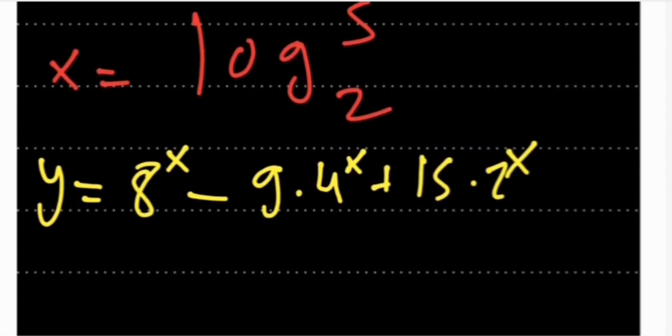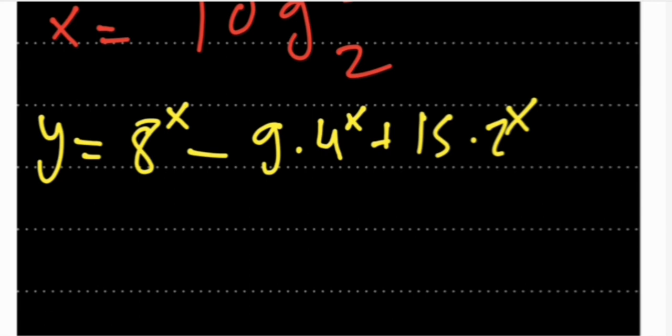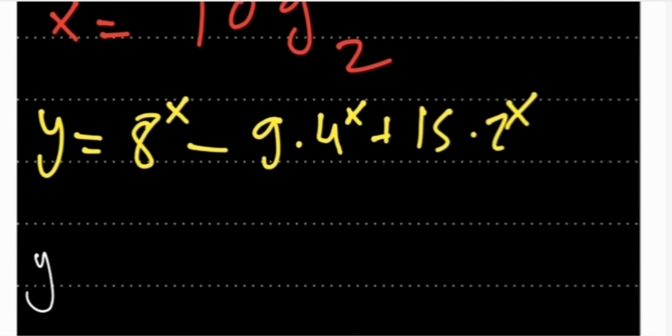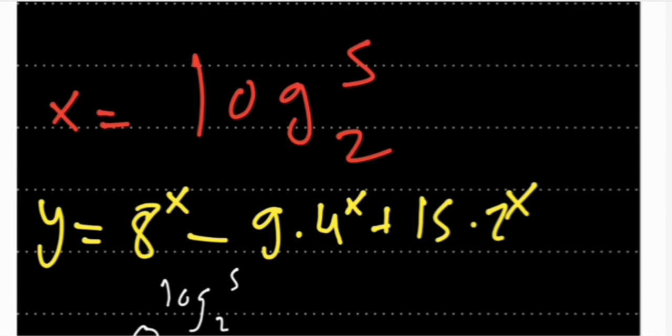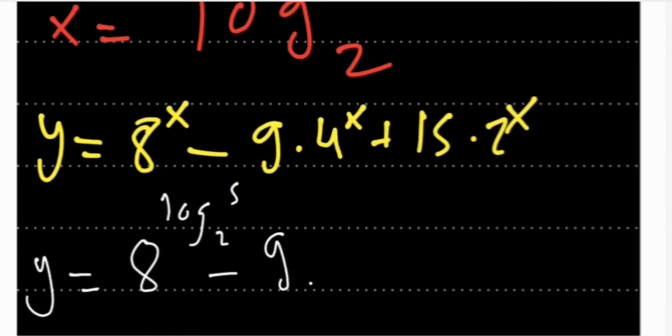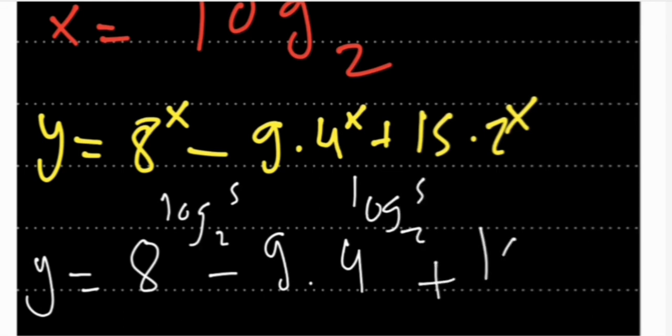So look, y is equal to 8 to the x power, right? But x is log of 5 in the base of 2, right? X is equal to this, minus 9 multiplied by 4 to the log of 5 in the base of 2 plus 15 multiplied by 2 to the log of 5 in the base of 2.